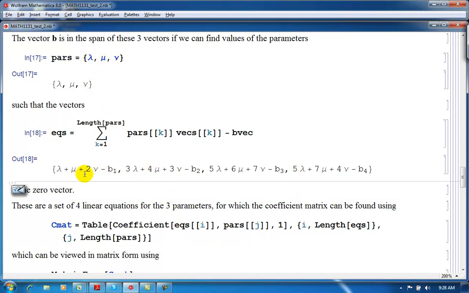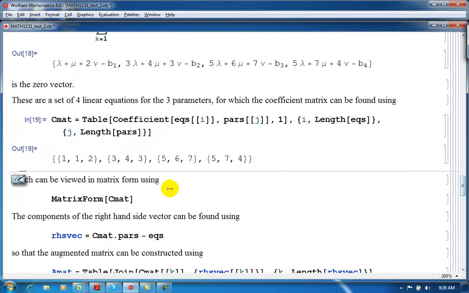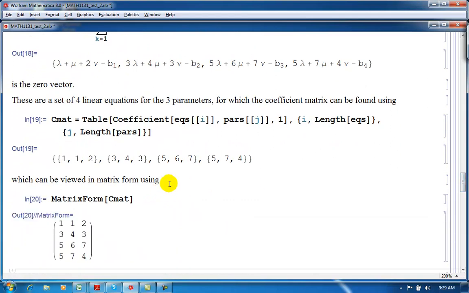And we can find the coefficient matrix by looking at the coefficient of each of the parameters in each equation, and that's done by doing this, and we can look at that as a matrix, and it looks like that.